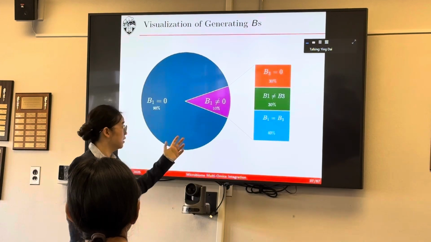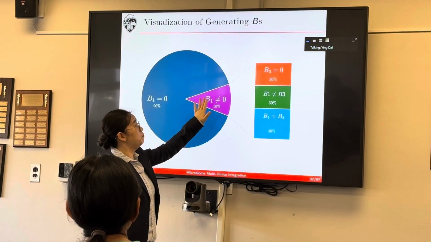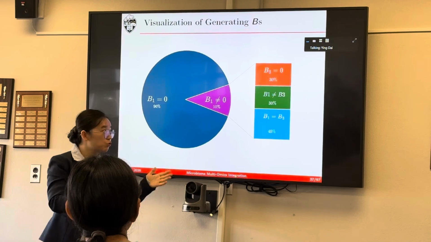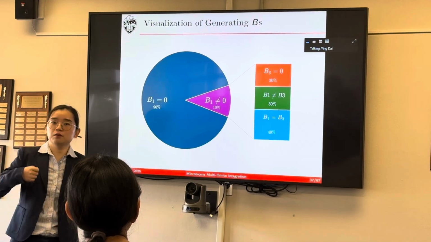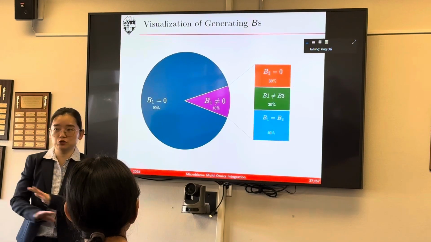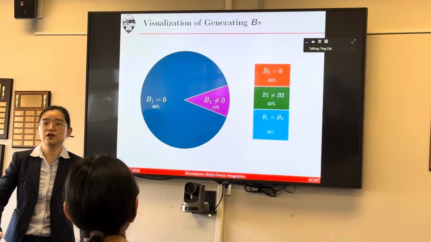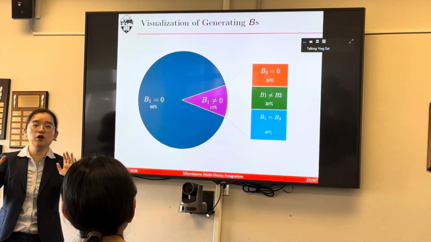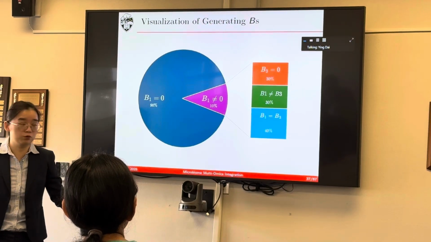What does that mean? That means for B1, for the control group, the association is present, and for the treatment group, the association is not present. So that is basically saying the association only appears in one group.